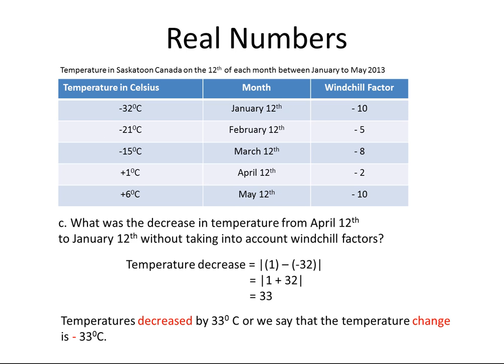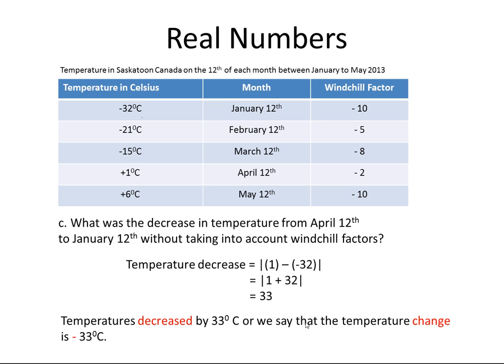If you draw a number line and you start from 1, you move 33 steps backwards from 1 on the number line. You end up on minus 32. So temperatures decreased by 33 degrees Celsius.